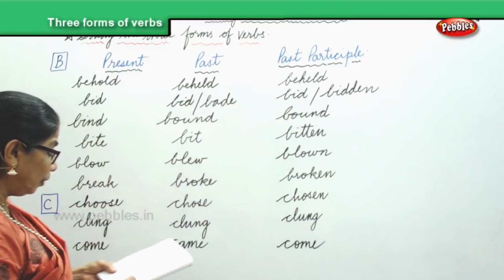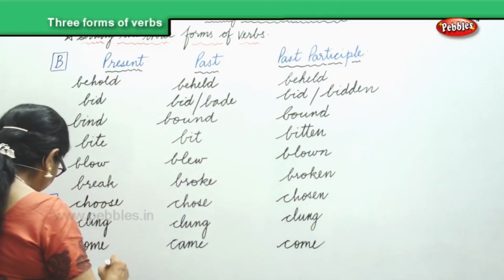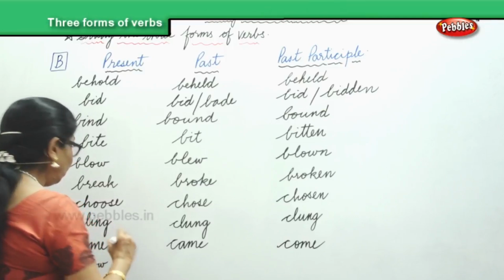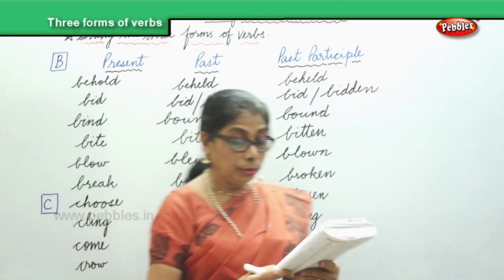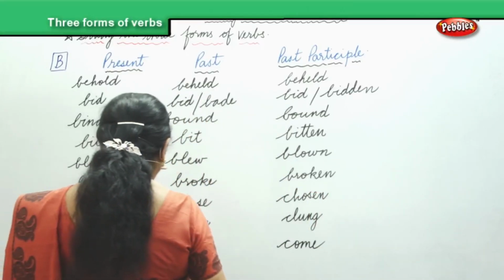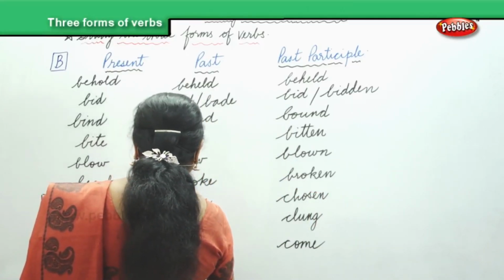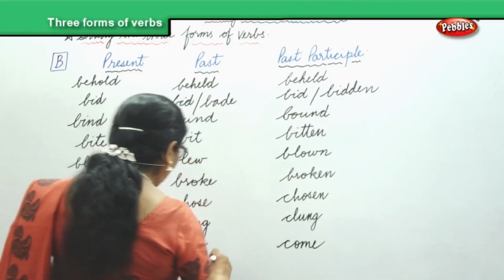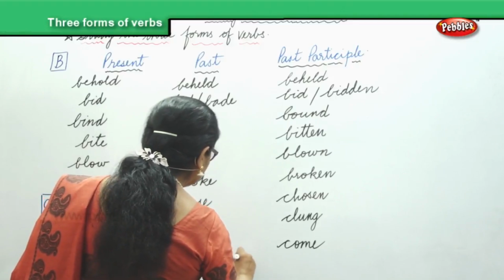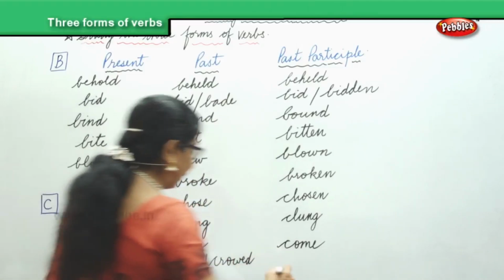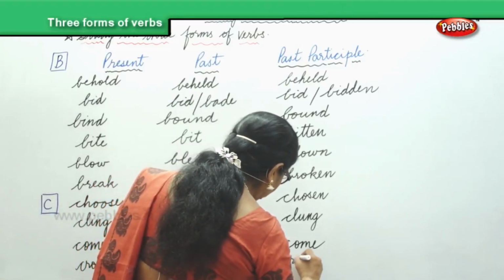Then you have crow. What is the crow? Crew, crowed. What is the cock crew? Cock crow, cock crew. Or you can also say cock crowed. You can also say the same spelling here. Again crowed.